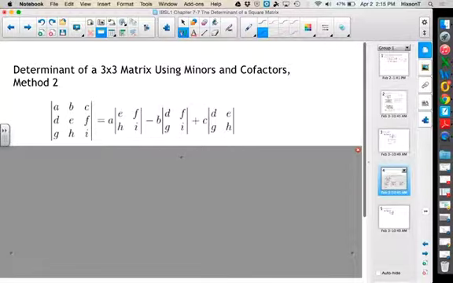So here's our formula. We have the determinant of this 3x3, ABC, DEF, GHI. And you'll notice we've broken it down into one of the elements times the determinant of a 2x2 that's made up of some of the elements in here. And then we have another element B times the determinant of a matrix made of some of those.